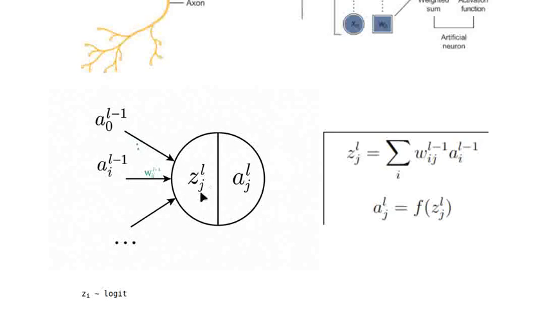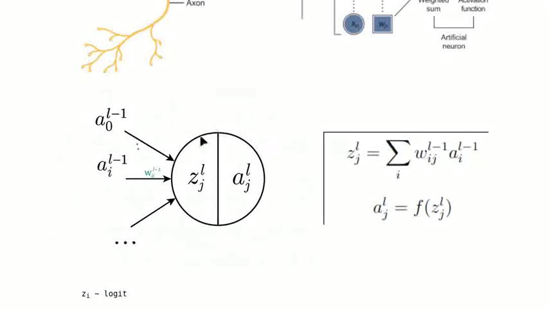CJL here is usually referred to as a net input. Its value is given by this formula. It's the sum over I, that means the sum over all the neuron values in the previous layer, of the products of the neuron value and the corresponding weights. So this gives us the value CJL.